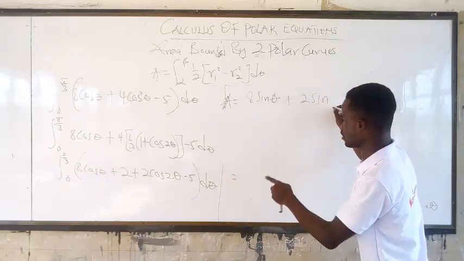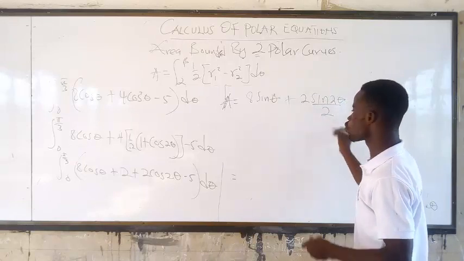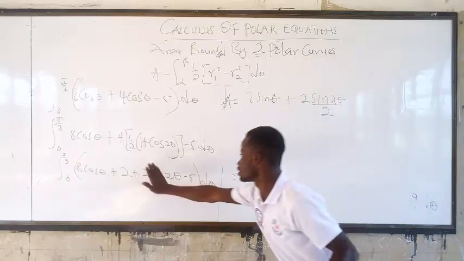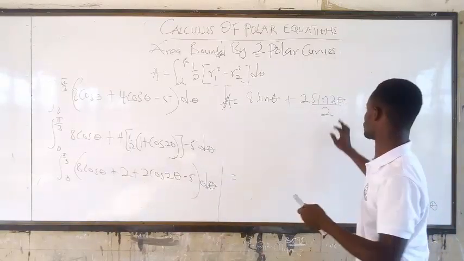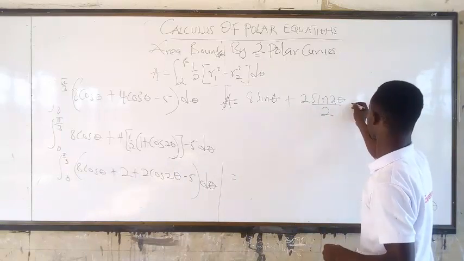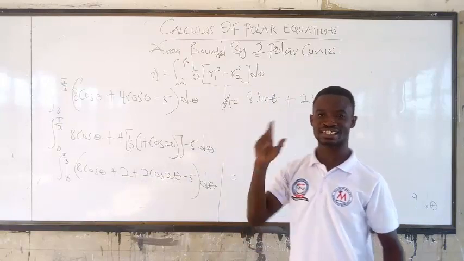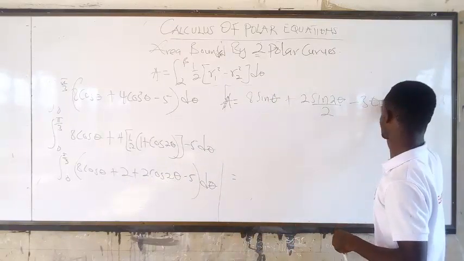Sine 2 theta, all this over 2. Beautiful. All that over 2 because of the 2 theta. Sine 2 theta, all that over 2. Minus now 2 minus 5, right? Negative 3. So here will be negative 3 theta.